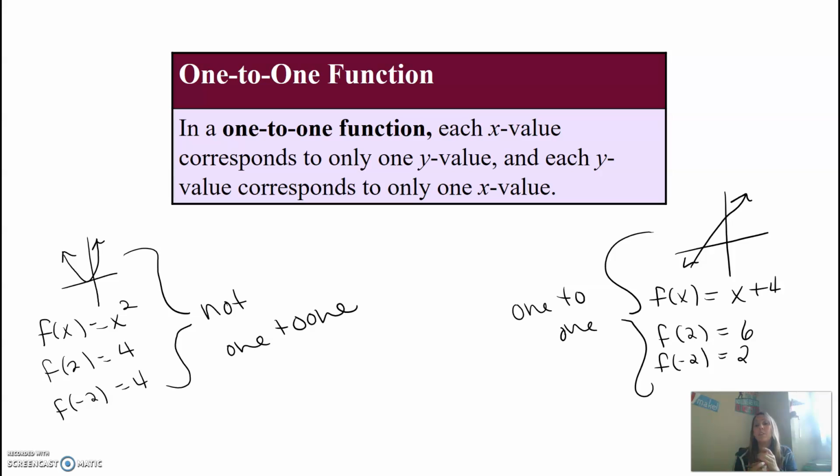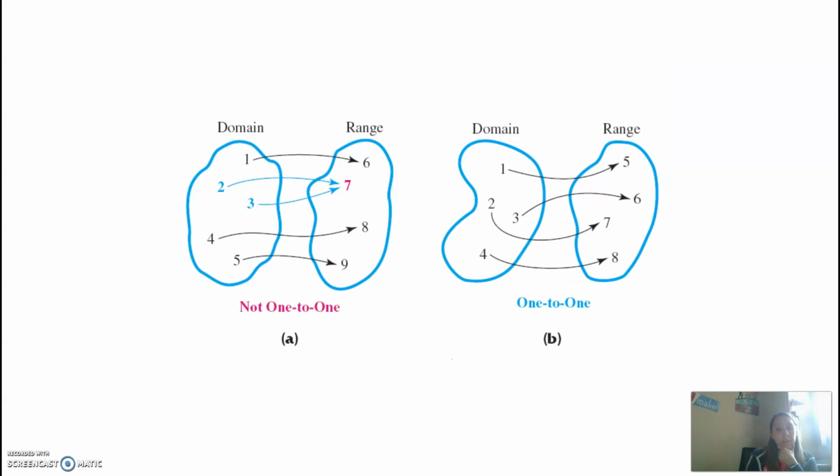So that's just an example. I would put that in your notes, it probably will help later on. Another way to look at functions is this mapping. Notice that there are five different elements, so if I were to draw the domain for this one, I would do 1, 2, 3, 4, 5.